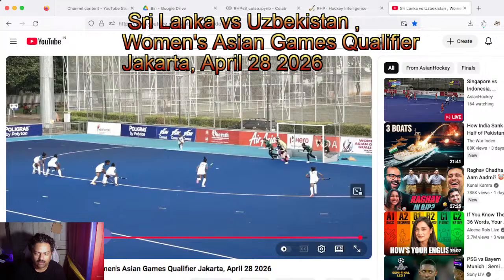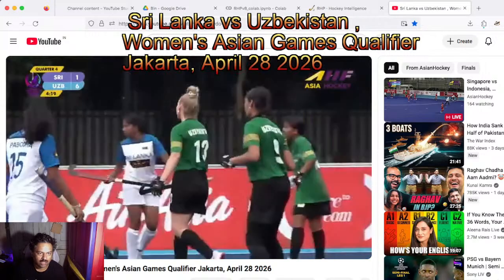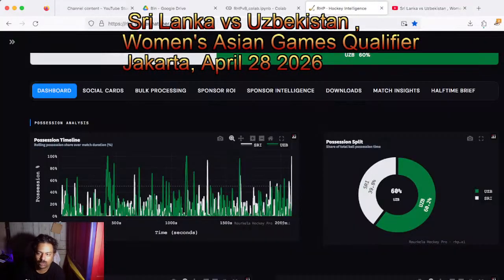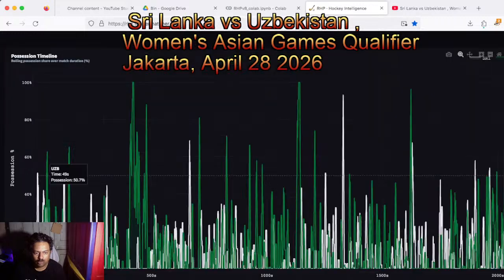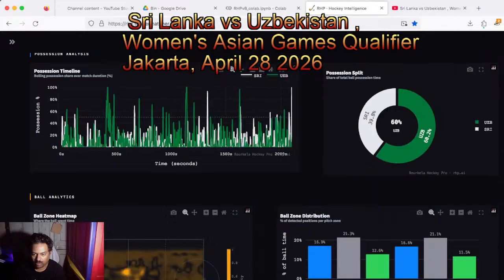This is again a spoiler: Uzbekistan 6 and Sri Lanka 1, but this shows how the match actually went. Initially both Sri Lanka and Uzbekistan were playing as equals. If I make this a bit larger, you would see both teams sharing possession over time, but then as time progressed, it became one-way traffic for Uzbekistan, and they were dominating the entire ball possession.